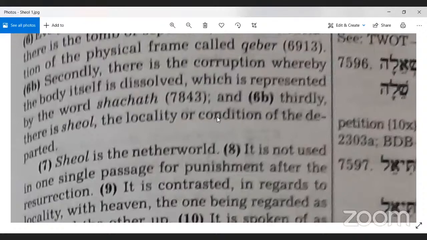Secondly, there is the corruption whereby the body itself is dissolved, which is represented by the word shakath, Strong 7843. And 6b, thirdly, there is Sheol, the locality or condition of the departed.